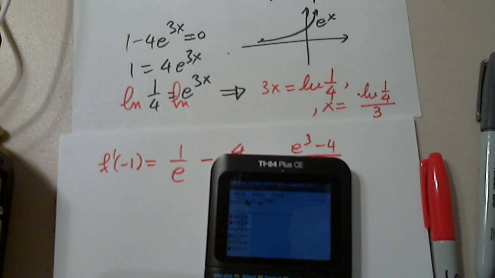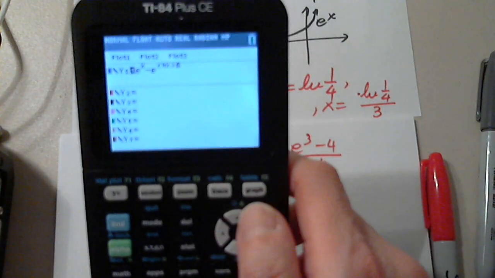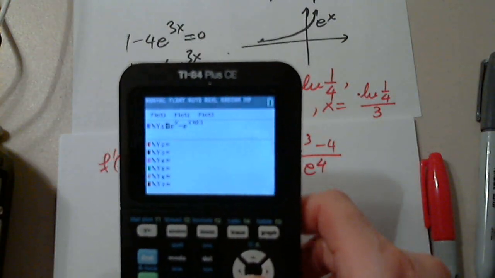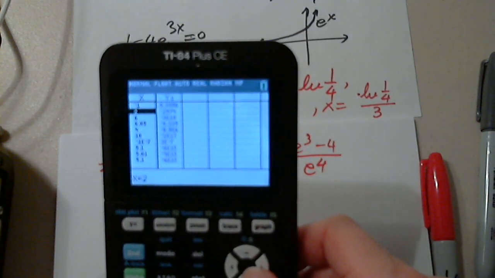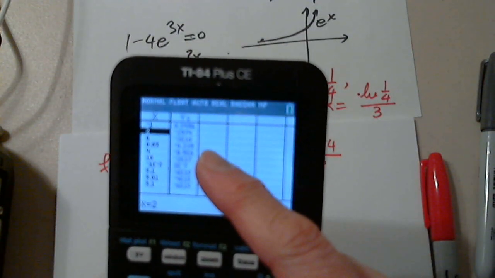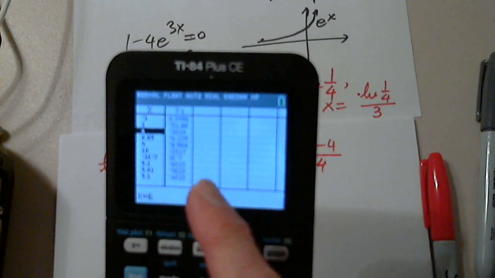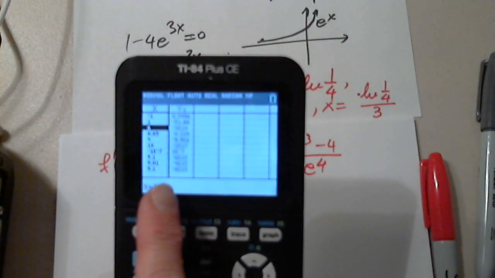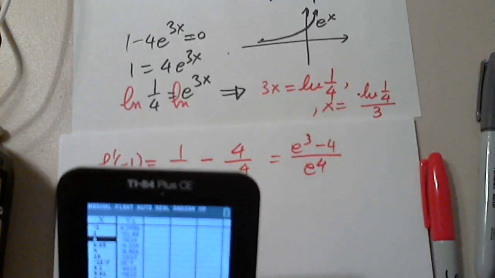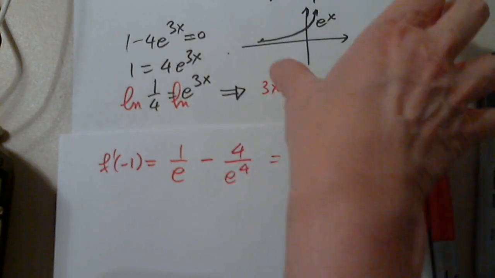Okay, so continuing with my calculator, because I didn't get the chance to finish it up. So go second and table, and when I plug in negative 1, I got 0.396. And when I enter 1, I do get that number, because it is absolutely correct.